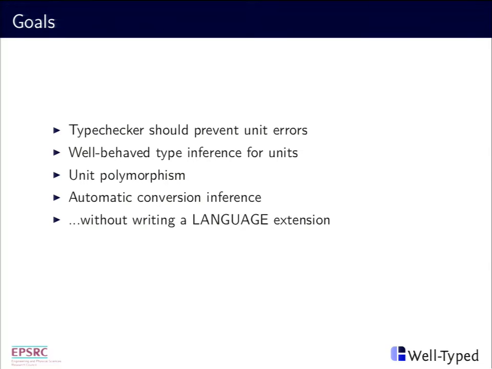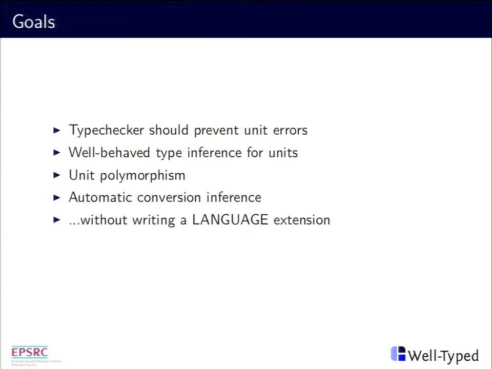I want some good type inference behavior. And I want to be able to write definitions which are polymorphic in the units they support. As a Haskell programmer, I hope, you don't need to be convinced of the value of polymorphism. We want to write definitions which will work for any units, instantiate them at particular choices of units somewhere in our program, and know that we're unit safe.